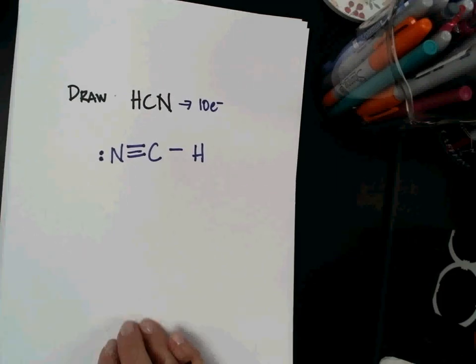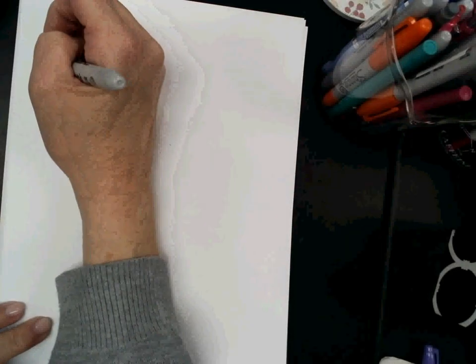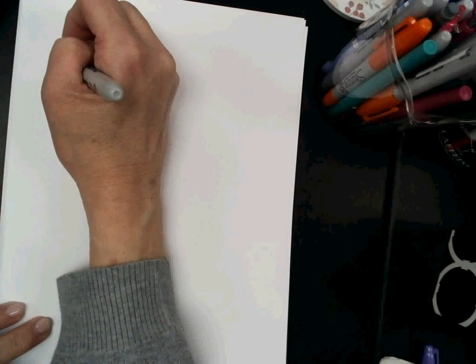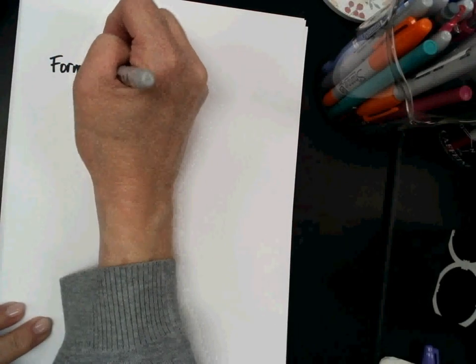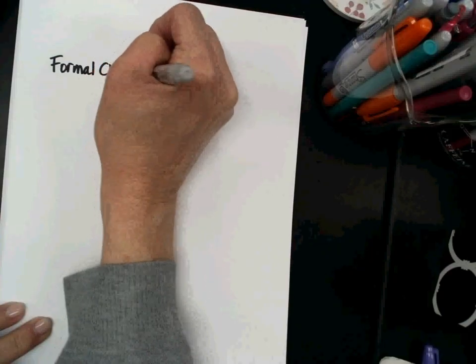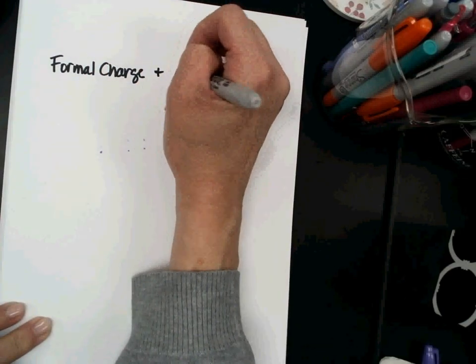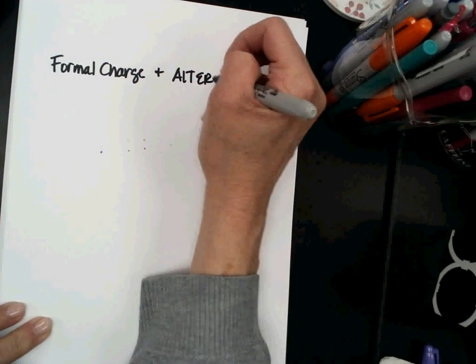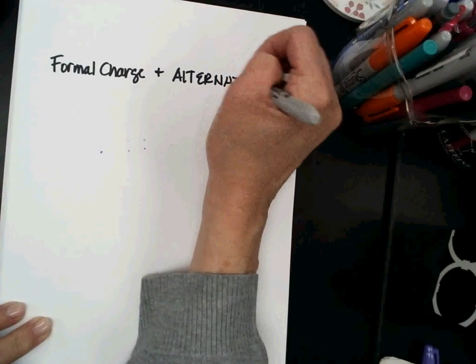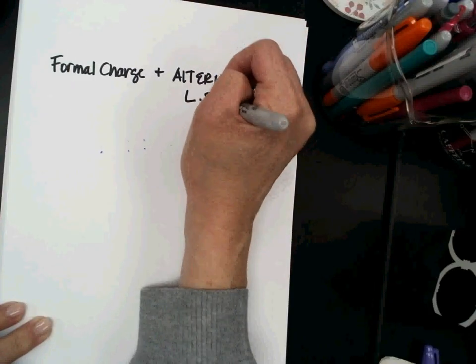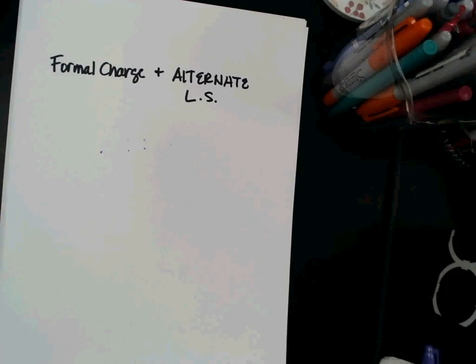All right, so now some Lewis structures have more than one possible structure. We have to figure out which is the best. So we're going to talk about something called formal charge and alternate Lewis structures.